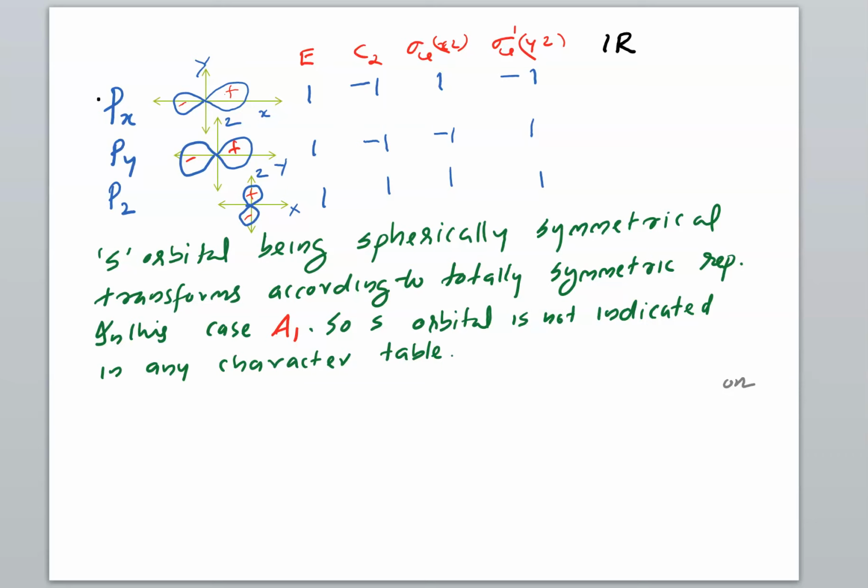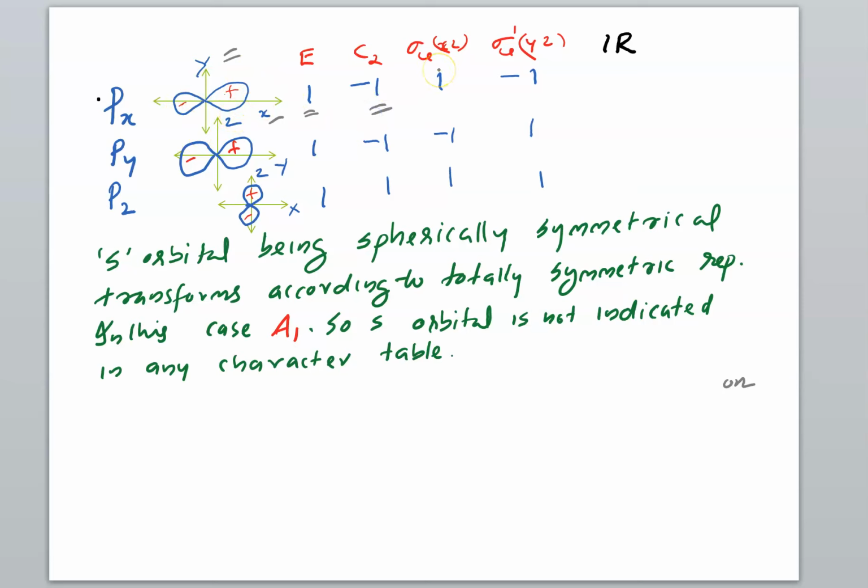We can also look at it like that. Px, py, pz orbitals. Consider the px orbital. This is the x-axis, this is the y-axis. Here plus sign, minus sign. E transforms the px orbital to itself, no change, therefore 1. The C2z axis is perpendicular to this plane, therefore the plus sign changes to minus here and minus changes to plus here, that is inverted, therefore minus 1.